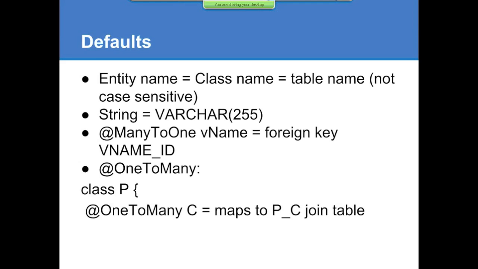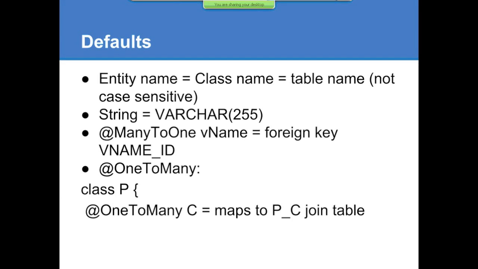Let's say you annotate a POJO class with @Entity, and you are going against a relational table, and you do not specify the table. So how does it know what to map to? There are some defaults. If your POJO is called John, then your table will be John. So these are the defaults. There are a couple more defaults.